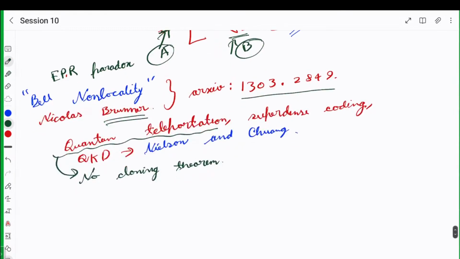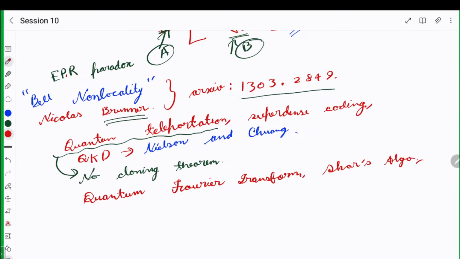And of course, please also look at the various other algorithms. In our sessions, we had discussed the Deutsch algorithm, which was the simplest algorithm. So please have a look at the other algorithms, especially the quantum Fourier transform, Shor's algorithm, and so on.